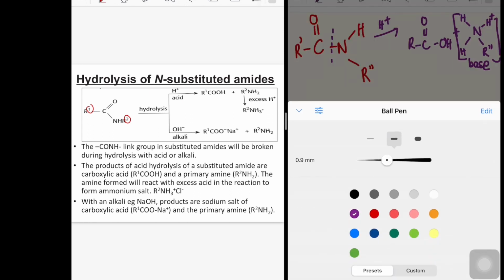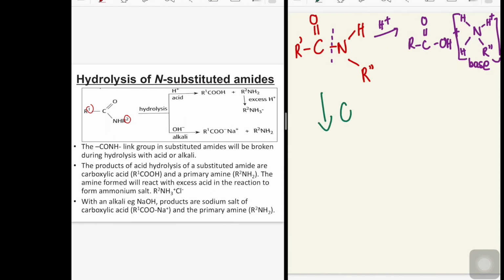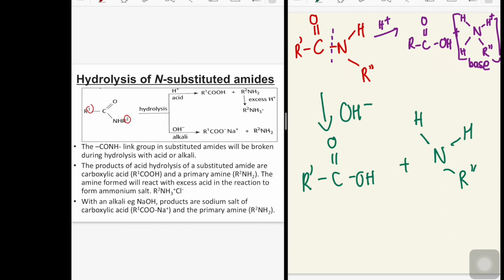The other one is hydrolysis with base. Same thing, you're breaking the same bond, except that you now have C double bond O, R1, OH, that's your carboxylic acid, and your amine, NHR, but you have another hydrogen. Now, acid reacts with a base. When this acid, RCOOH, reacts with the base, it will lose its H plus to form RCOO minus. That H plus combines with the OH minus to form water.